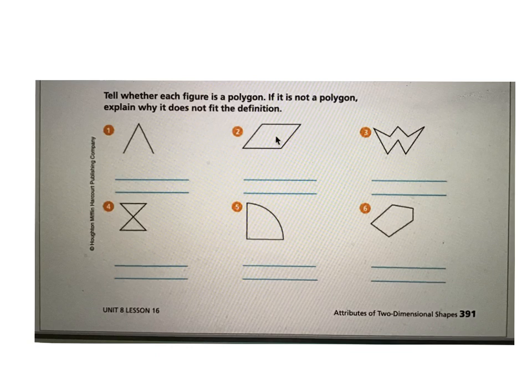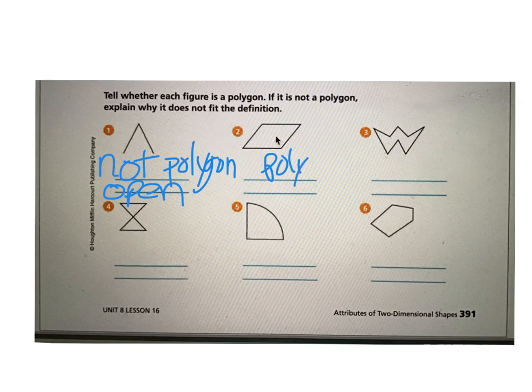All right, now let's try some. The direction says, tell whether each figure is a polygon. If it is not a polygon, explain why it does not fit the definition. Number 1, it is not a polygon, so you can just write not a polygon here. And why isn't it? Yes, because it is open. Let's look at number 2. That is a polygon. So I'm going to just write polygon here.